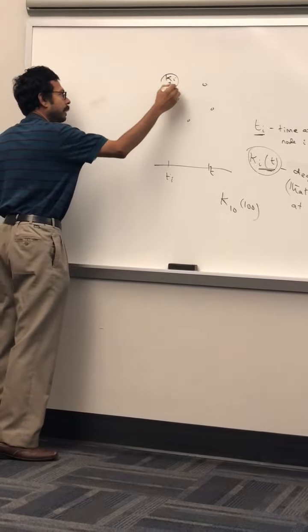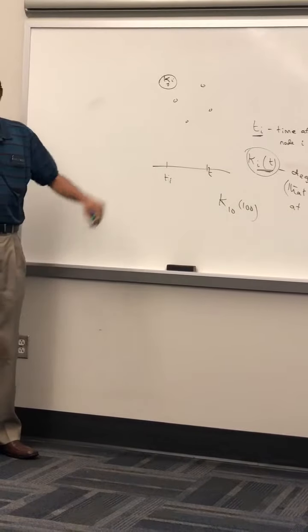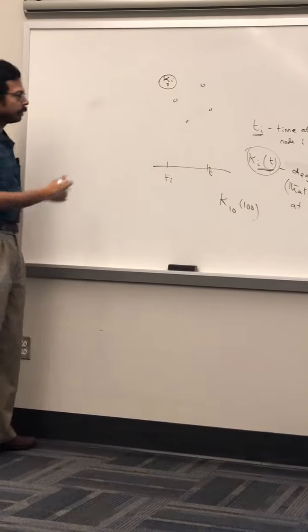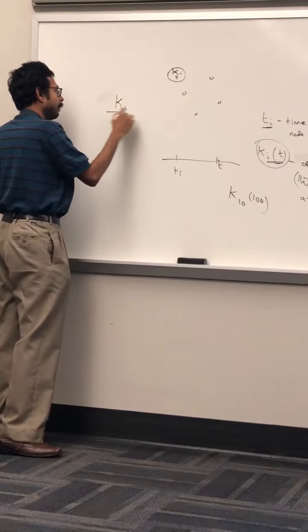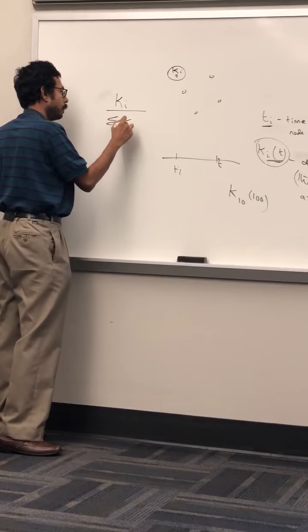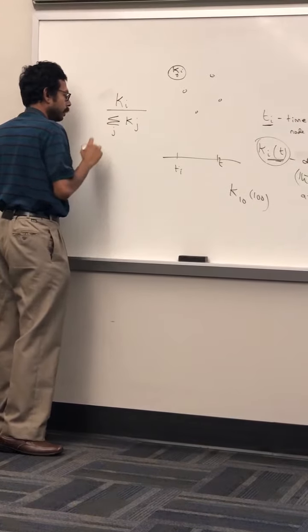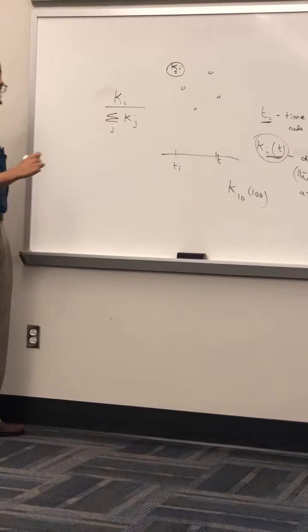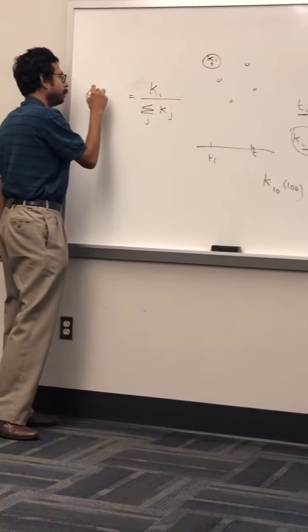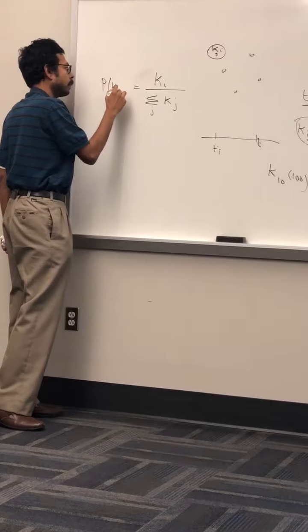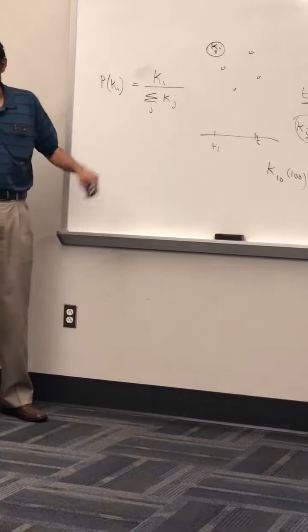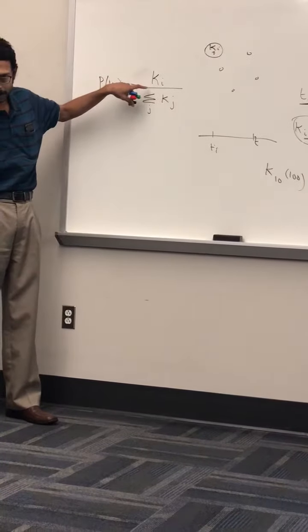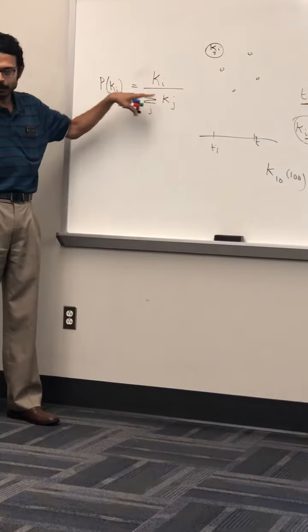So the probability for this node i with the degree ki to get the new link is going to be ki divided by the sum of the degrees of all the nodes that are out there. So the probability for node i to get the new link is its own degree divided by the sum of all the degrees.